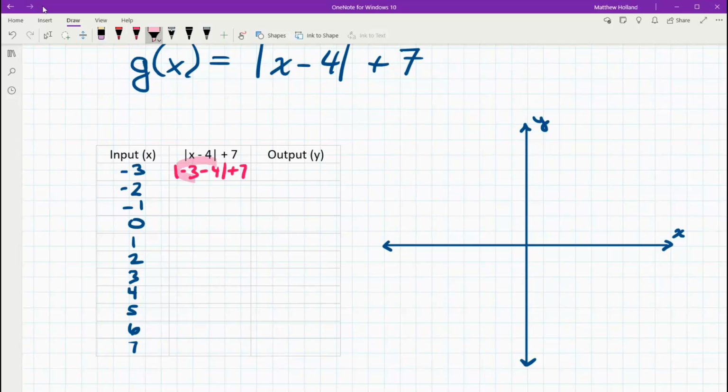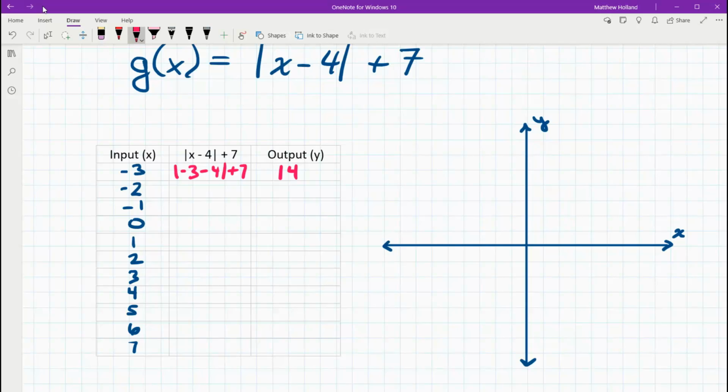So everything inside here becomes positive 7. So really what we have is 7 plus 7, which is 14. So the output is 14. So we have our first point, negative 3, 14, which I wonder if we're even going to fit on the graph. Maybe not. I can go back and change this graph to make it a little bit better.